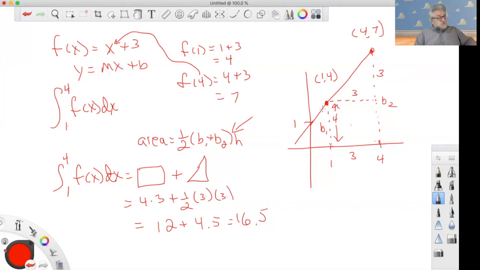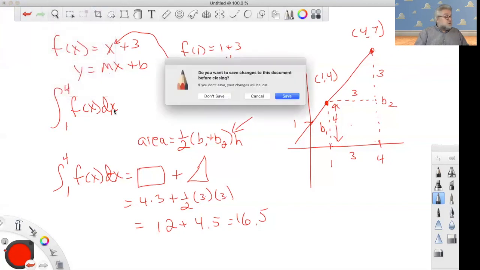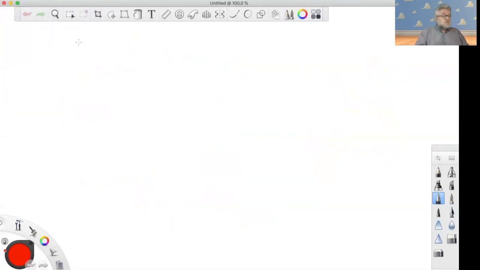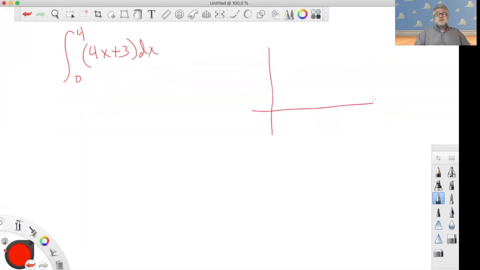Now, let's say we have the integral from 0 to 4 of 4x plus 3 dx. 4x plus 3, that's mx plus b, y-intercept of 3, a slope of 4, and we're going from 0 to 4.